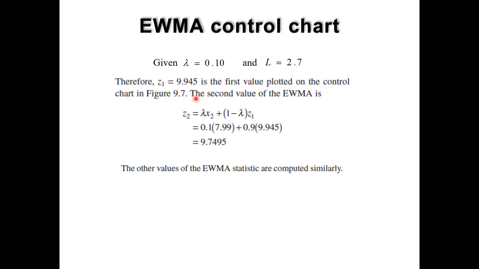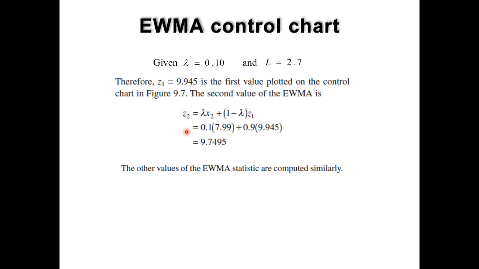We can now compute the second value of EWMA using exactly the same formula. This is z2: the second value of the EWMA statistic equals lambda x2 plus 1 minus lambda z1. Remember, if we are computing z2, the z here will be z1. If you are computing z1, this z will be z0, the initial z value.